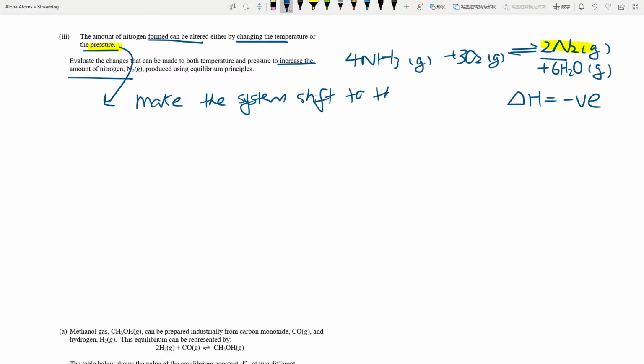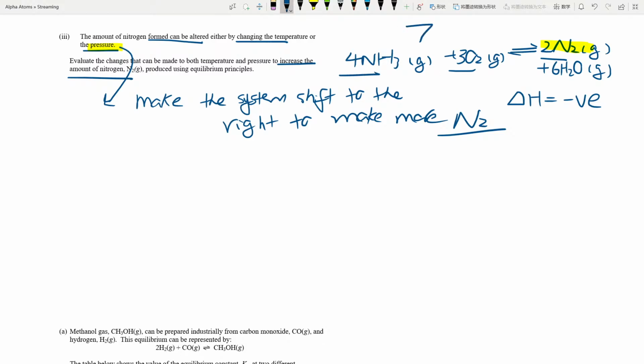So how can we make it go right when we're dealing with pressure? Pressure has to do with gas particles. We have 7 moles of gas particles on the left, 3 plus 4. On the right hand side, we have 8 moles of gas.